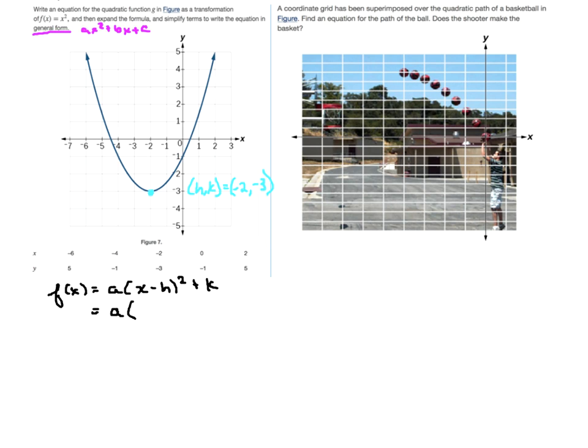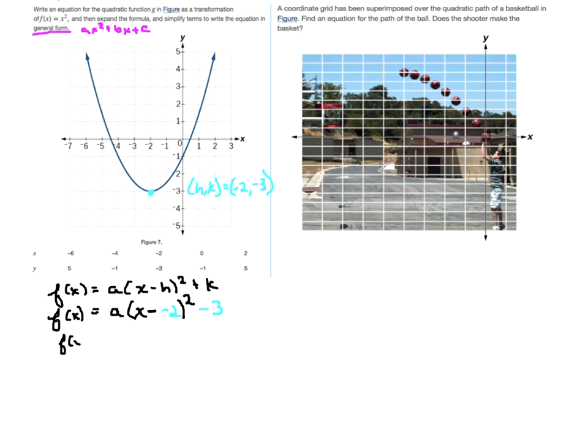I know that I've got some a value and x, f of x here. So I know minus, okay, my h value is -2. That negative is separate from the minus that's in the form, so that's going to turn into plus, squared, and then my k value is -3.